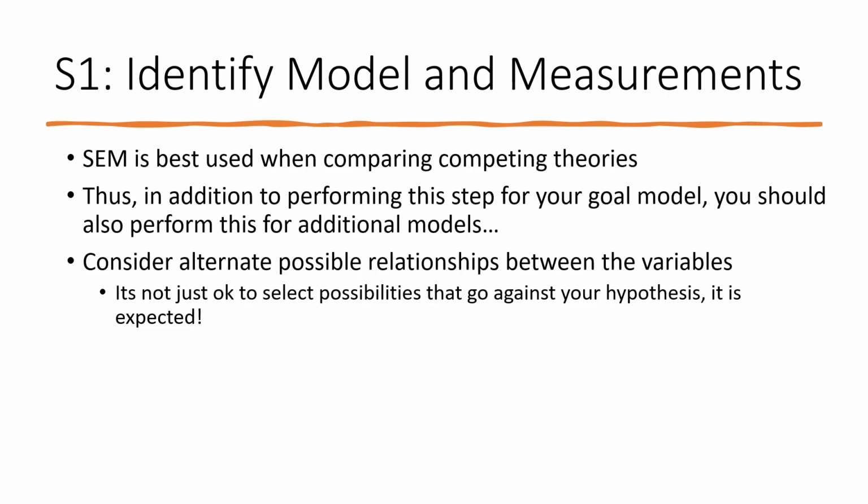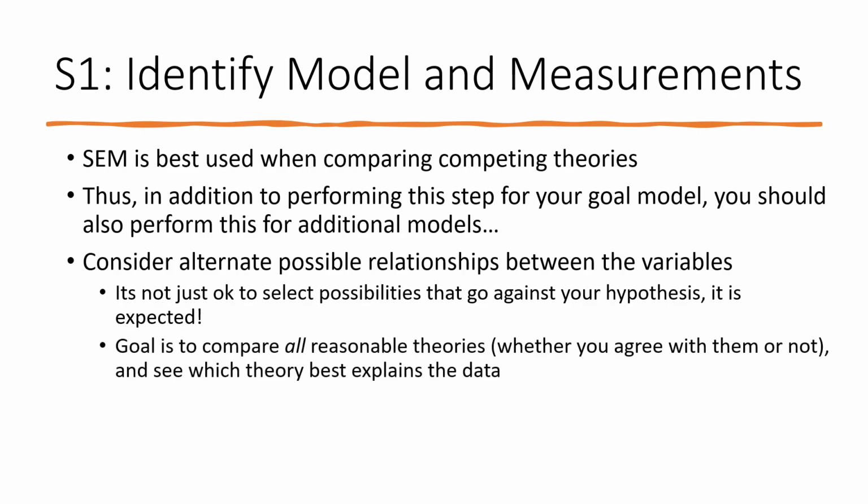Almost making comparative model fit as important as objective model fit. So we do want to have these other hypotheses, especially if they're common in the field, and we want to compare to all of these reasonable possible theories. Don't just pull the ones you want. Don't just pull the ones that you think are bad. Pull the ones that you think are good. And again, compare yours to every reasonable theory about the relationship between the variables you're studying, if you can.